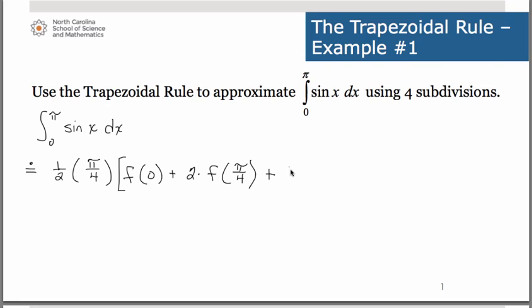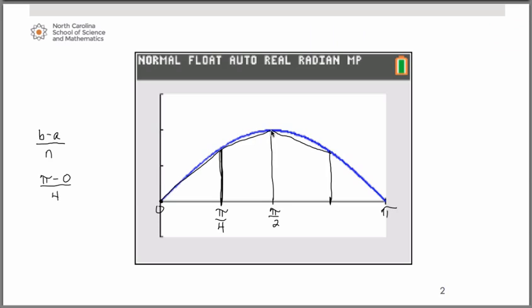To that, we have to add 2 times the function value at pi over 2. That would be this length right here, accounting for the bottom base of the second trapezoid and the top base of the third trapezoid.